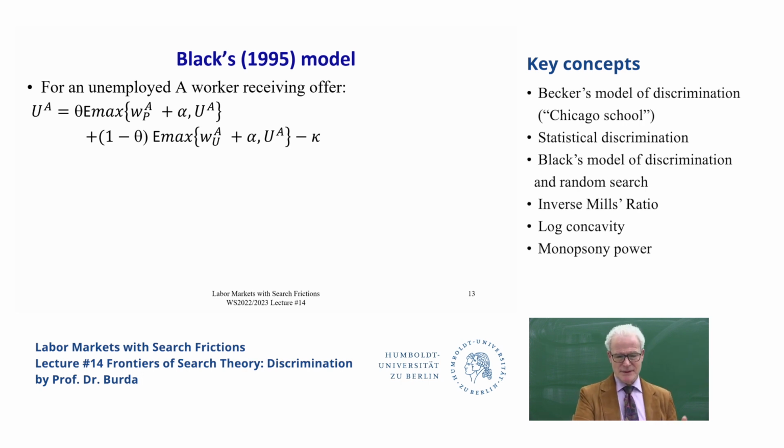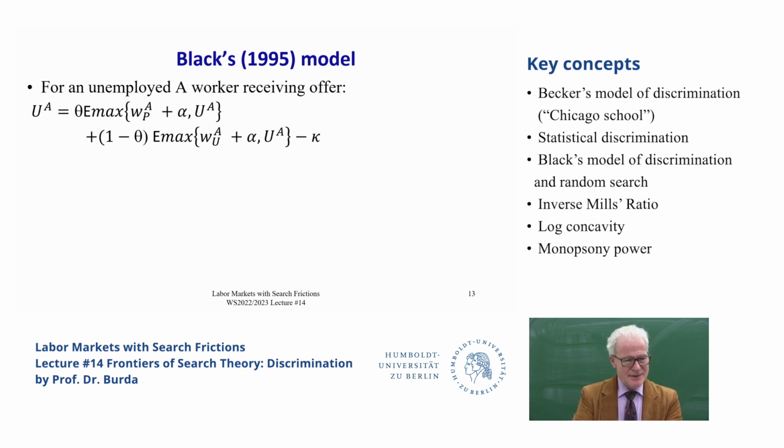And a lot of people criticized this model back in the old days because workers are looking for the wage, right? But it still gets the point across. I'm very sure that you can reformulate this in more modern wage posting, Burdett and Mortensen terms. But this gets the point across very clearly.